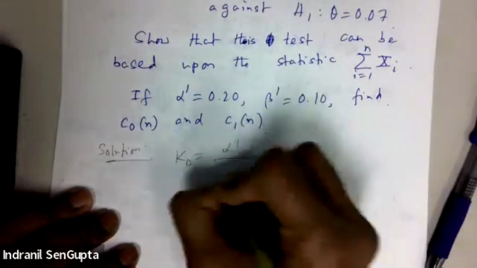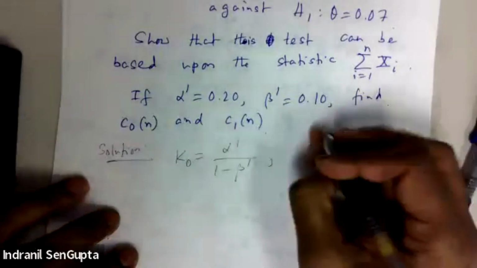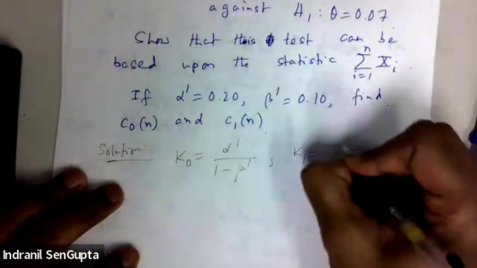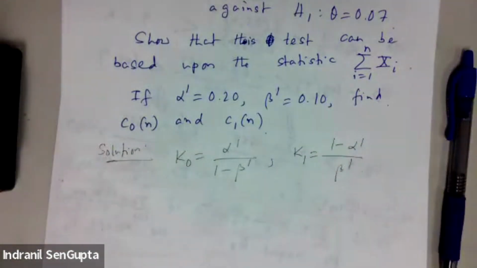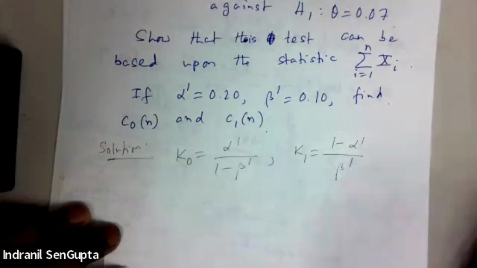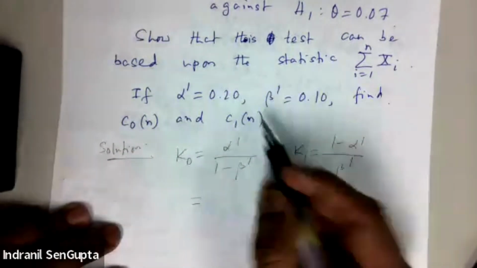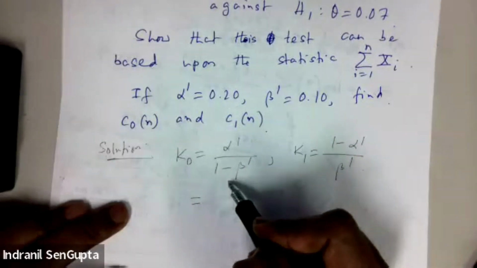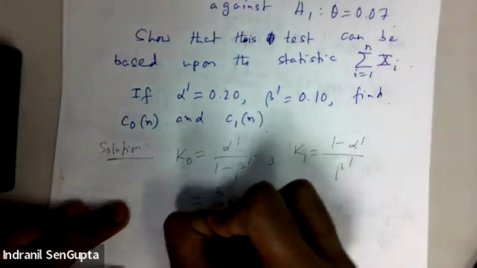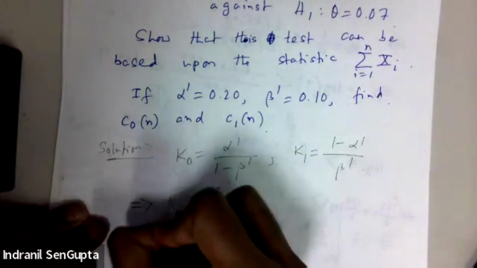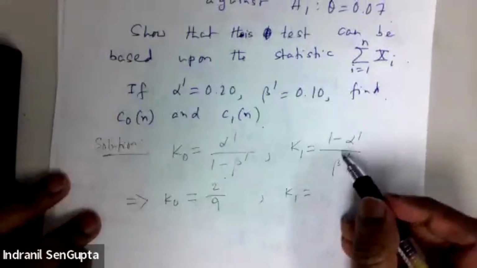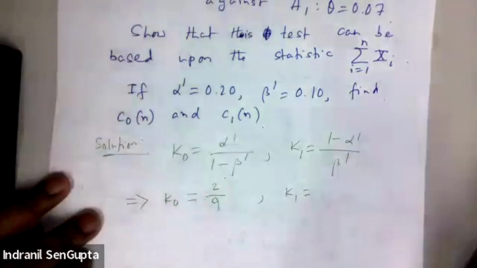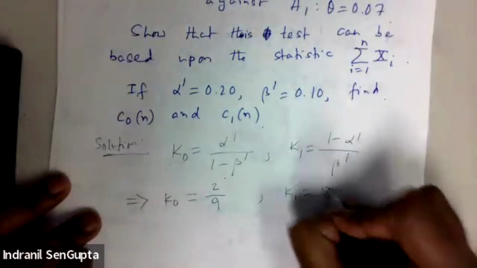K0 is alpha prime over 1 minus beta prime, and K1 is 1 minus alpha prime over beta prime. So in our case, K0 is really 20 over 90, so it's 2 over 9. And K1 is basically 0.80 over 0.1, so it's 8, right?